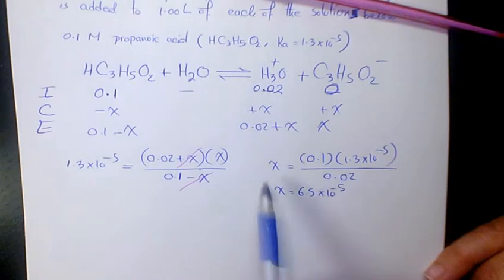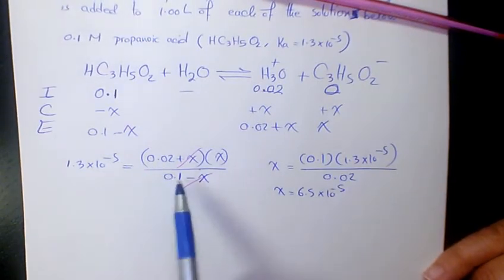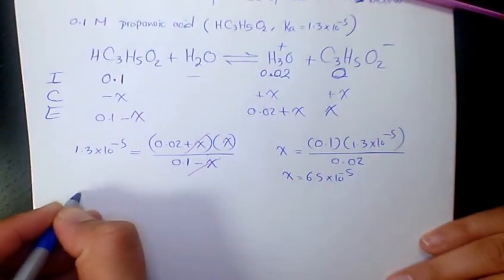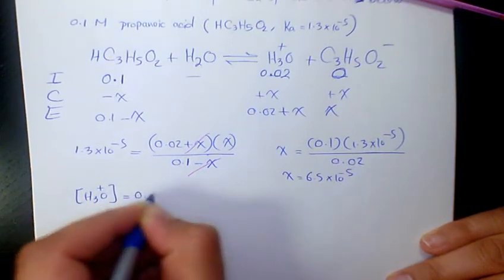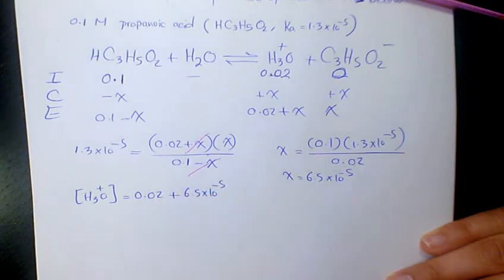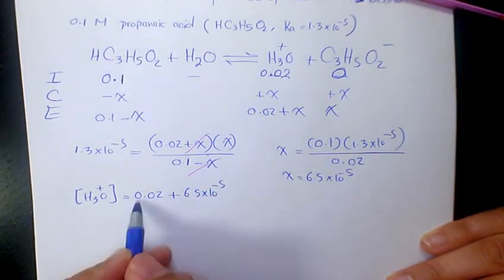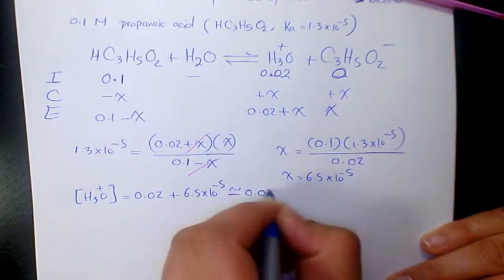Which makes sense because that's completely smaller than 0.02 and comparing to 0.1. So the concentration of H3O plus is going to be 0.02 plus 6.5 times 10 to the power of negative 5 in reality, but since this one is much smaller than this one, we can say that's approximately equal to 0.02.